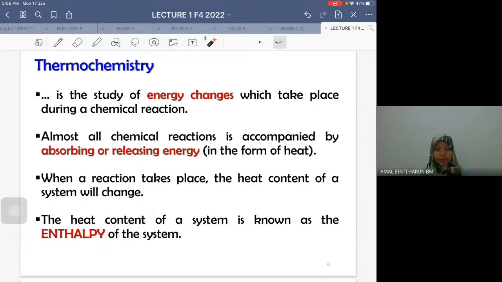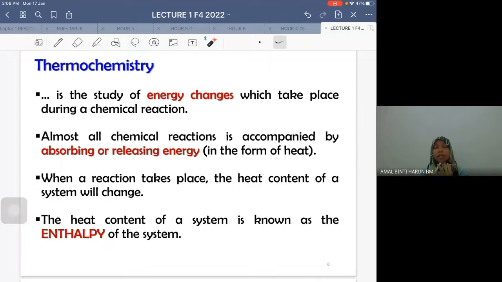So what is enthalpy? Is the heat content of a system. Sistem tu maksudnya apa? Kita ada dua, sistem dan surrounding. Sistem maksudnya apa-apa yang bertindak balas dalam satu tindak balas lah. Maksudnya sistem kita mengandungi contohnya pembakaran karbon.